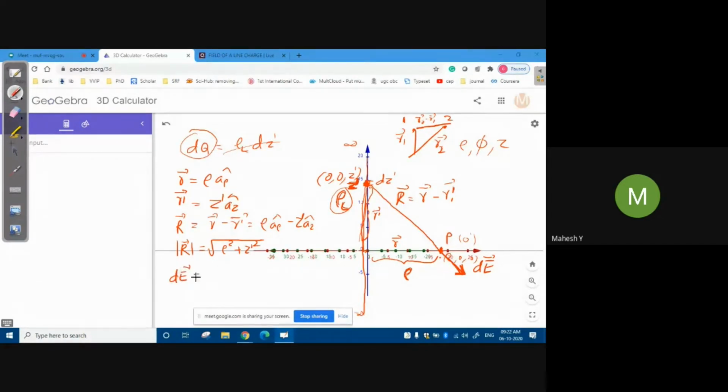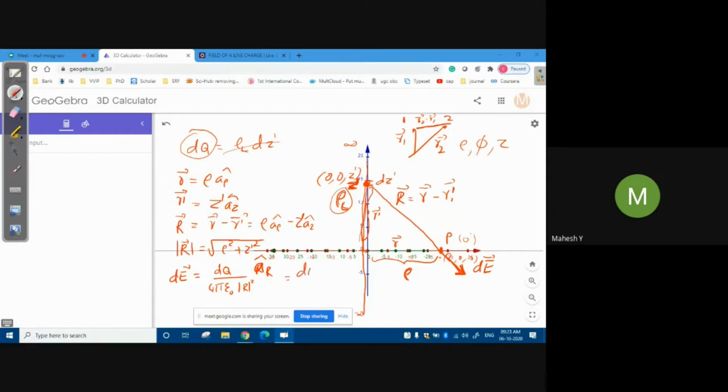So what is dE? dE is equal to the charge, that is dq, divided by 4 pi epsilon 0 mod r square, right, into the unit vector along the direction of r, so ar cap.